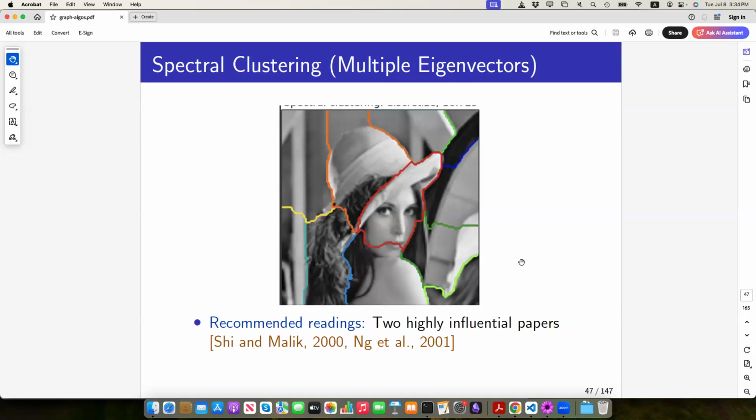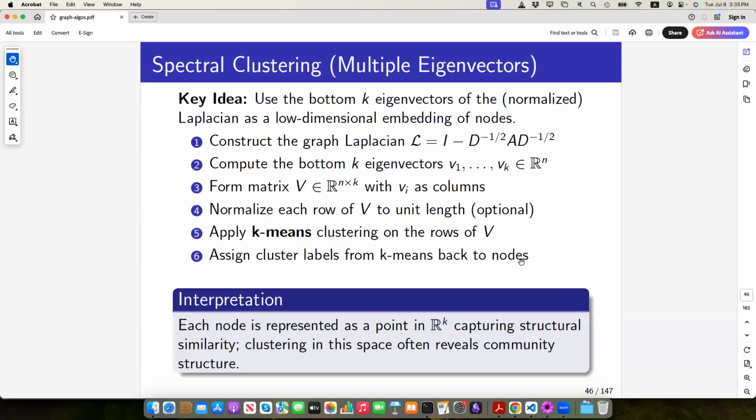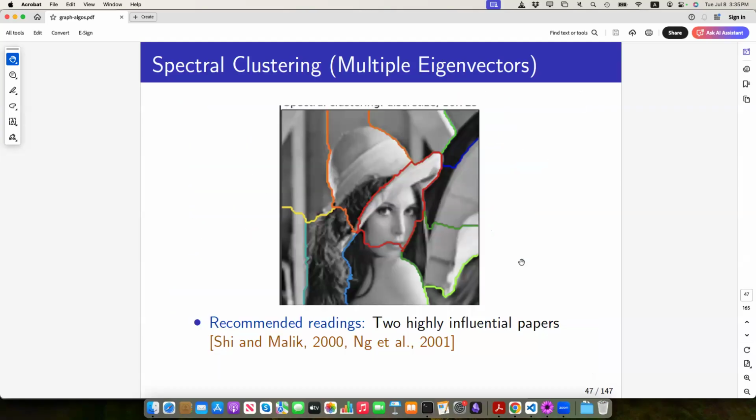You can look at the RGB composition of each pixel, and pixels with similar coloring will be connected with a higher weight. When you take this grid graph, run the algorithm I described on the previous slide, and do k-means on the resulting matrix, you get something like this, which is not perfect, but it captures the structure of the image.